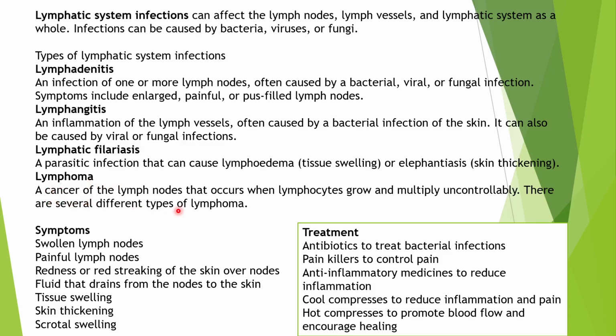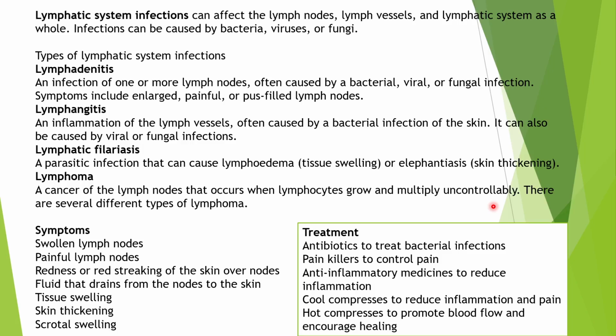Lymphoma, a cancer of the lymph nodes that occurs when lymphocytes grow and multiply uncontrollably. There are several different types of lymphoma. Lymphoma is the cancer of lymph nodes. In your lymph nodes, you also have your lymphocytes, your immune cells, etc. Sometimes their regulation to proliferate when there is an infection is needed, as a few cells need to be proliferated in order to control the infection or attack the pathogenic organisms.